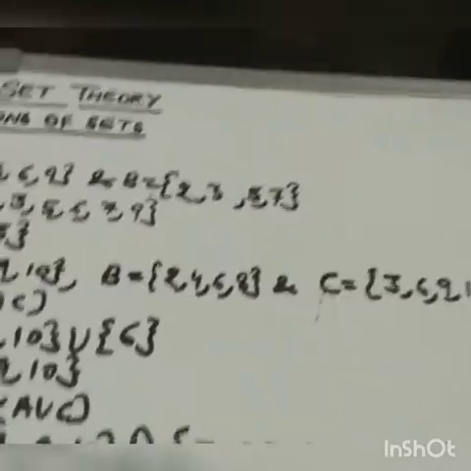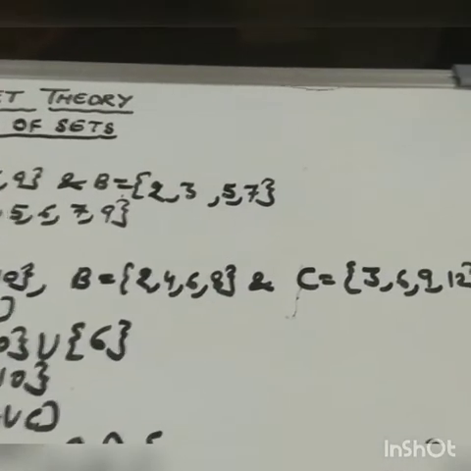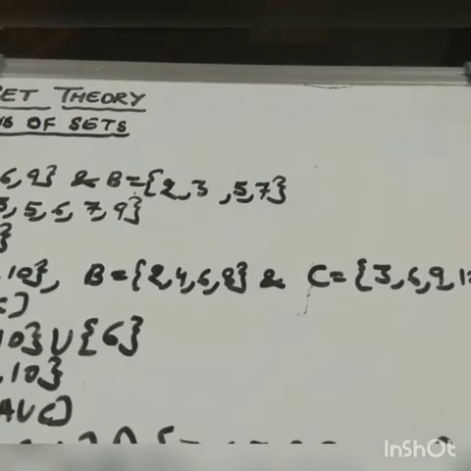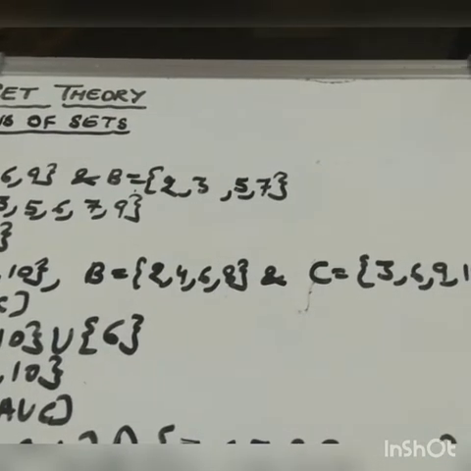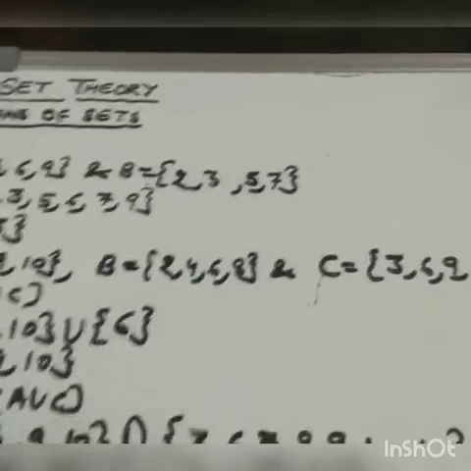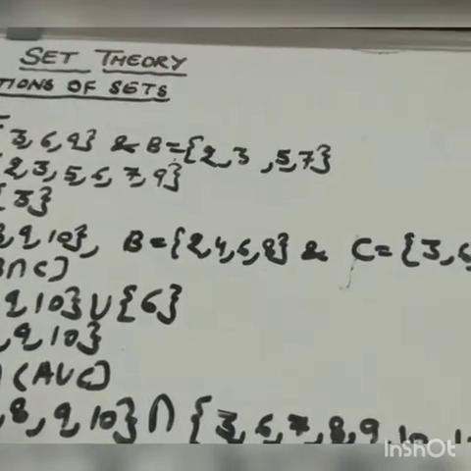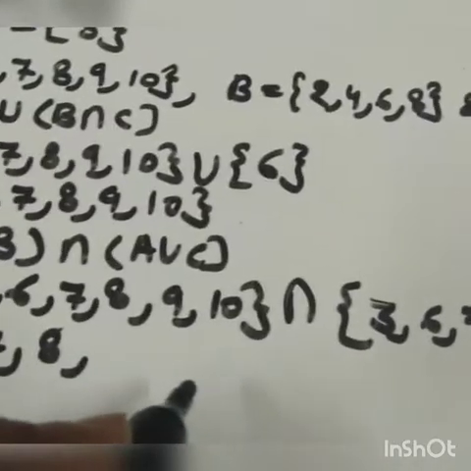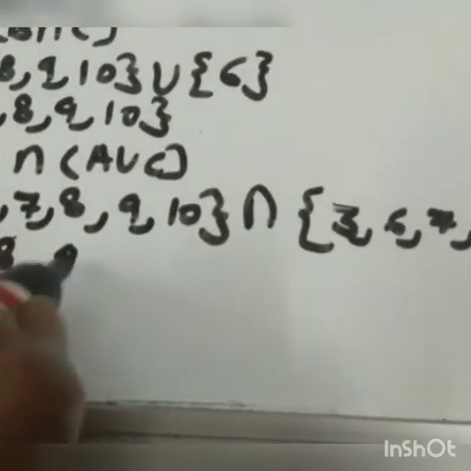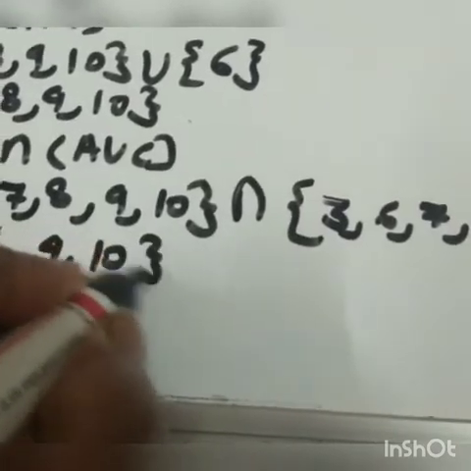Now what is common in both of these sets? We have to see 6, 7, 8, 9 and 10. So you are getting 6, 7, 8, 9, 10.